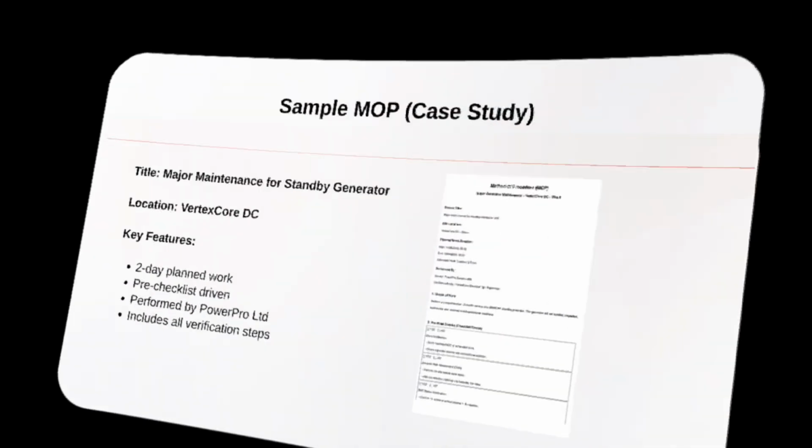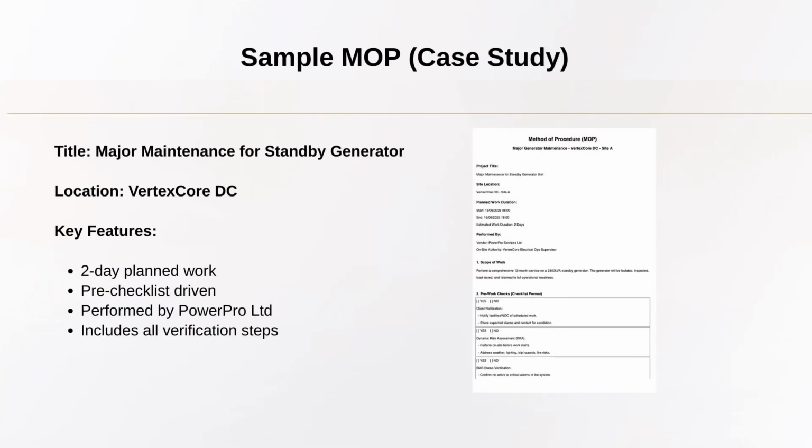Sample MOP, case study. Let me give you a real example of a well-written MOP in action. We had a major service planned for a 2500 kVA standby generator. Full 12-month inspection. Draining fluids, checking filters, valve adjustment, thermal scans, load test, the whole lot. Because the MOP was clear and detailed, everything went smooth.